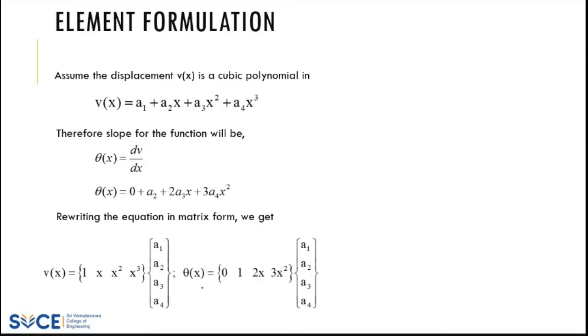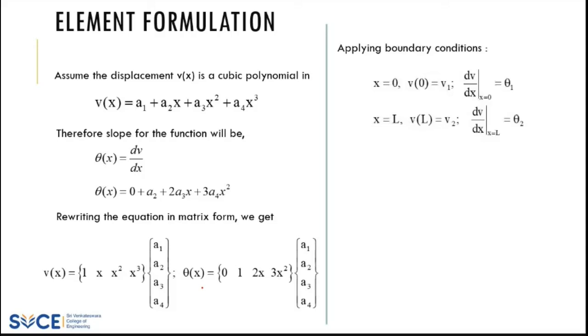Theta of x is [0, 1, 2x, 3x square] times [a1, a2, a3, a4], because these are the two different displacements you have for that particular element. Now let me apply my boundary conditions. When x is 0, v equals v1 and slope theta equals theta 1. If x is L, v is v2 and theta is theta 2.